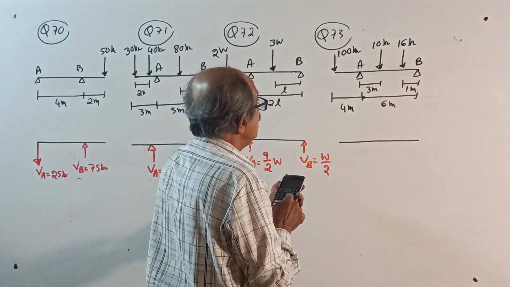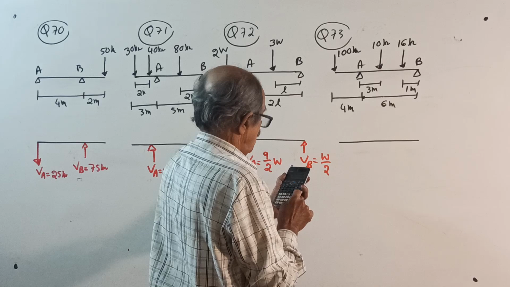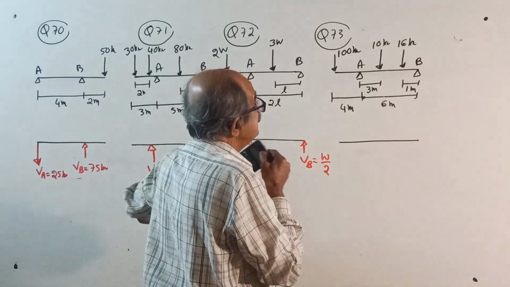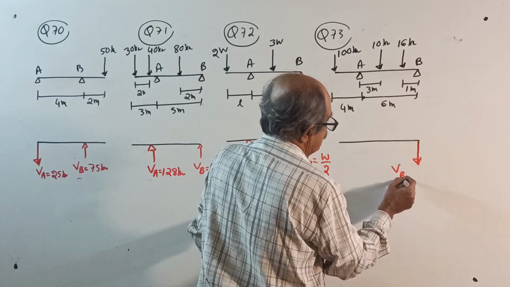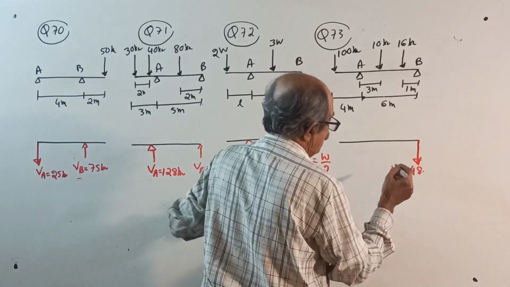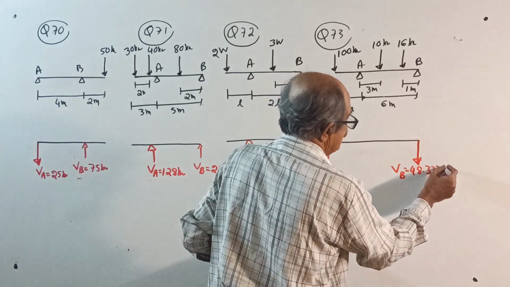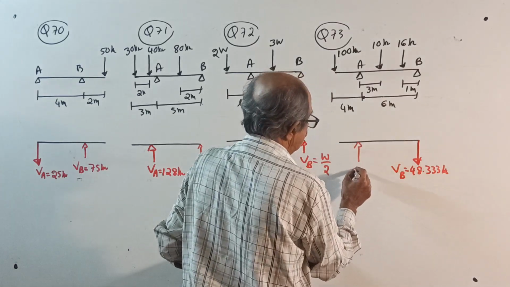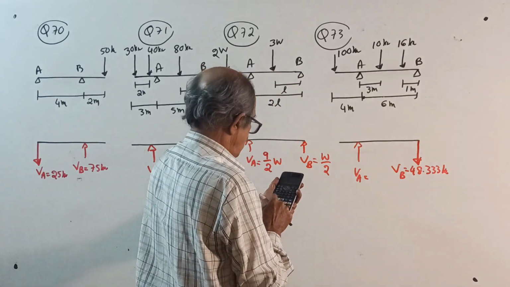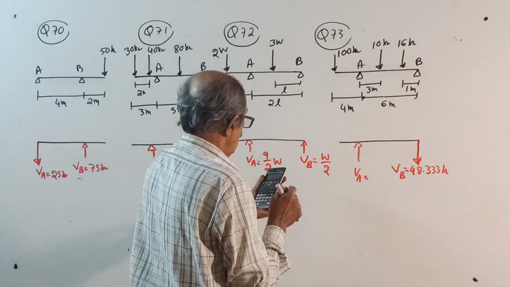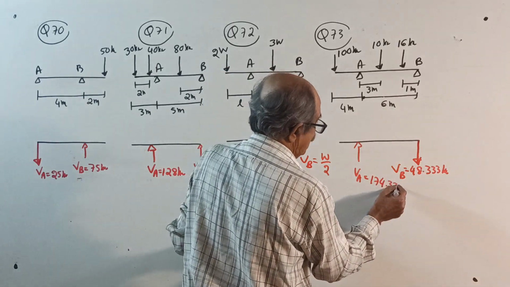Three plus 16 into 5 minus 100 into 4 divided by 6 gives 48.333. This reaction is downward. Negative will come here, so your VB will come downward, 48.333 kilonewton, and VA will come minus 100 minus 10 minus 16, 174.333 kilonewton.